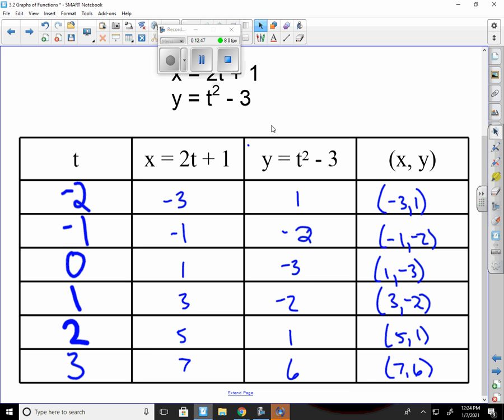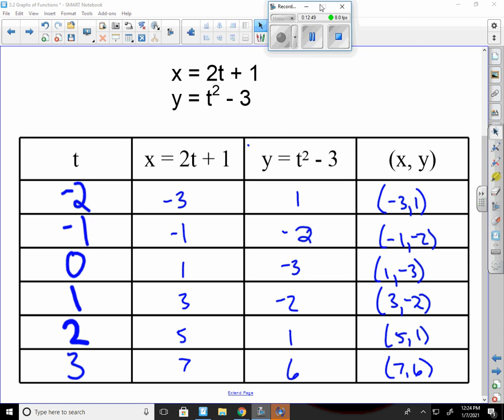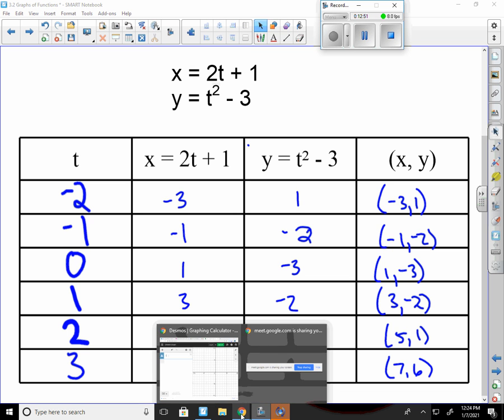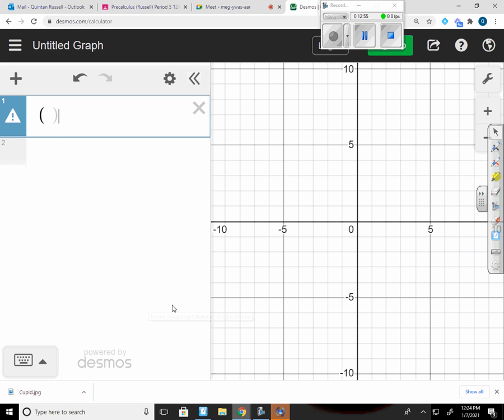And I'm going to put my equations in as x of t. So I can do x of t equals 2t plus 1, comma, and then y of t equals t squared minus 3.